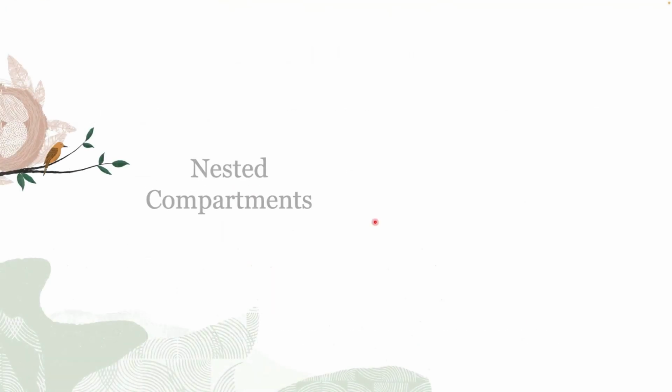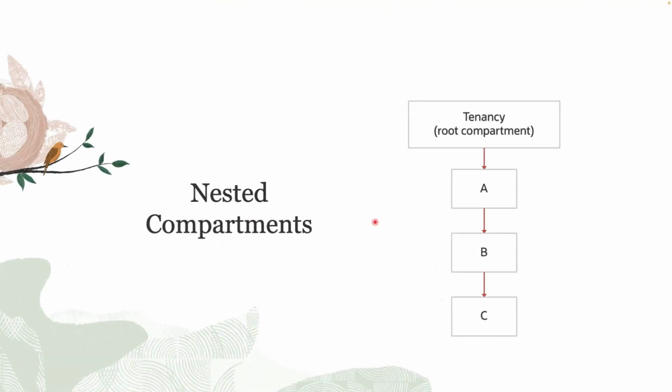Then there is also the concept of nested compartments, where compartments can be nested up to 6 levels deep, allowing you to create a complex and structured environment. So for example, you might have a compartment for your project and then a subcompartment for each team working on that particular project. And going ahead, you might even need a subcompartment for different requirements of each team.